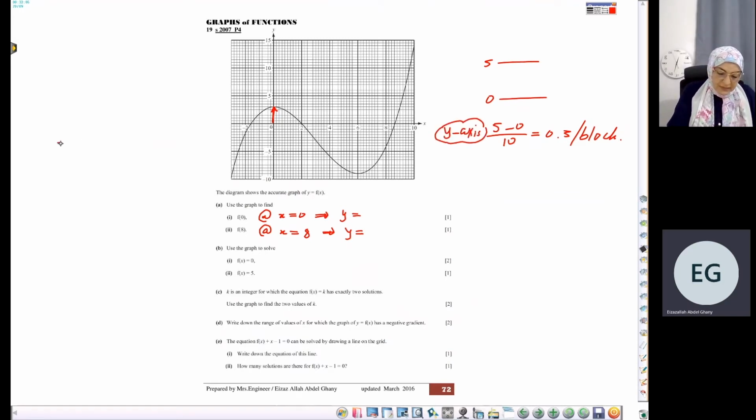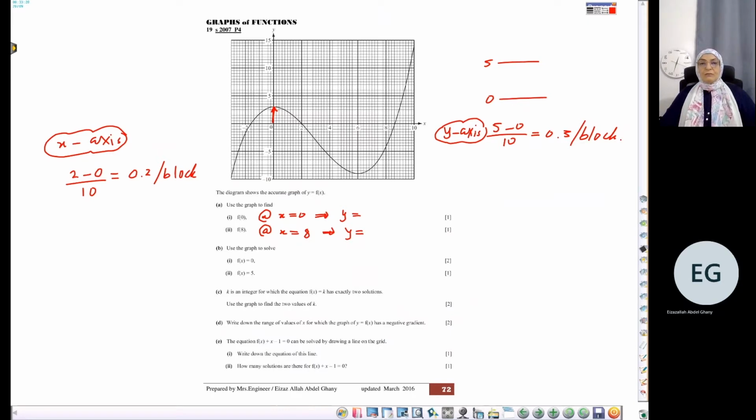What about the x-axis scale? Let's read it. X-axis scale from 0 to 2, it is last minus first, divided into 10 baby blocks, over 10 blocks. So it will be 0.2 per baby block on the x-axis. Now we have to concentrate on the scale because we need to read accurately all questions he needs.